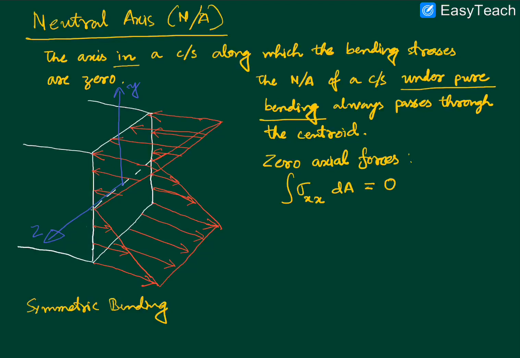Okay, so the next step of the proof is where we use the famous Hooke's law to write the sigma xx as Young's modulus times epsilon xx.